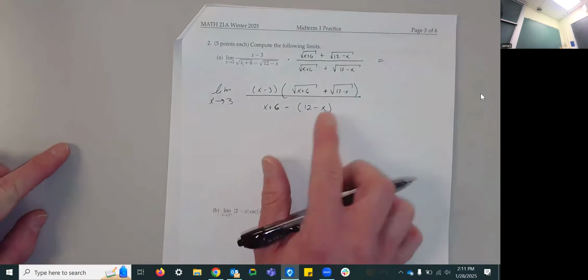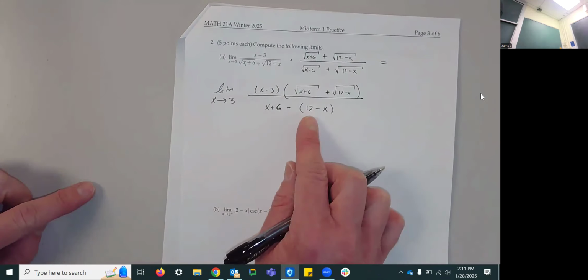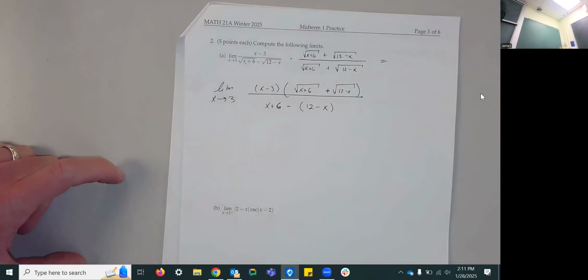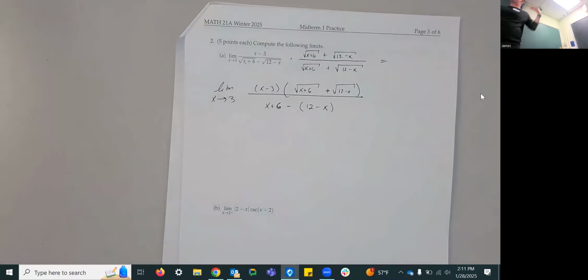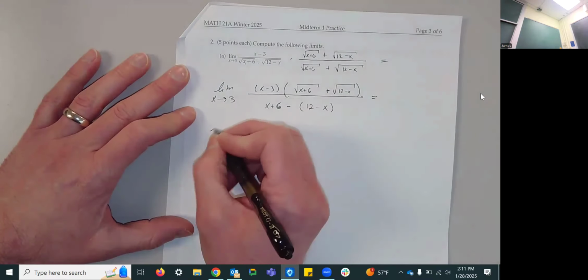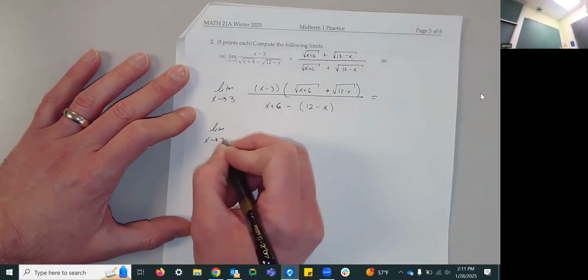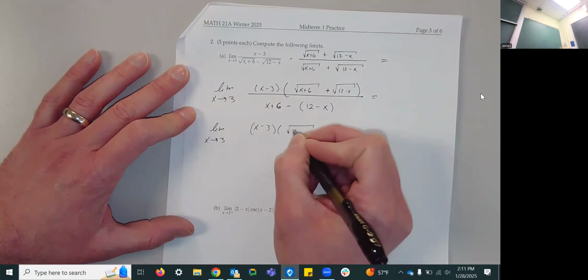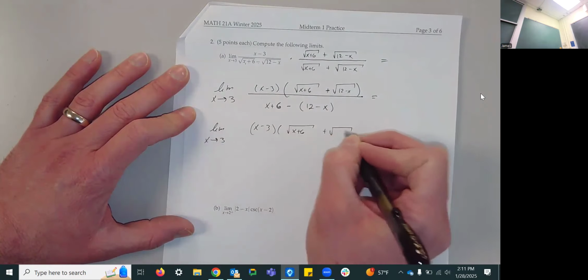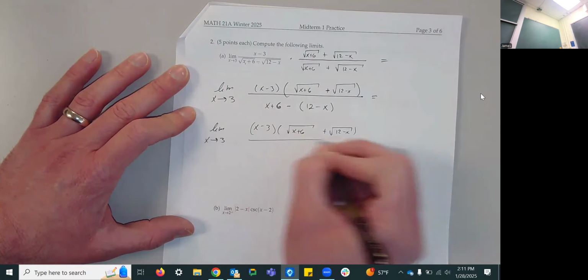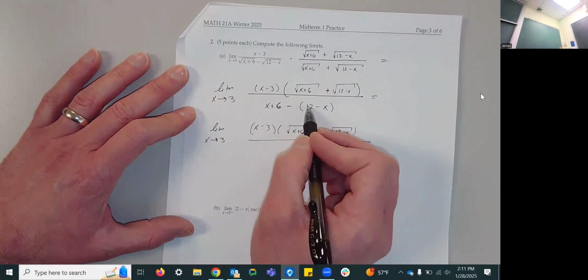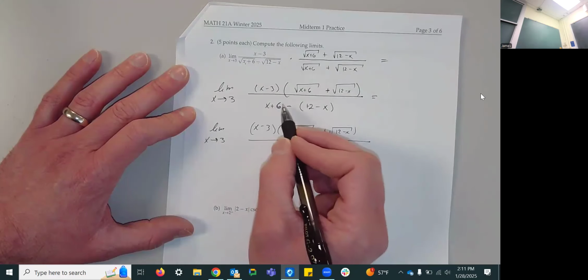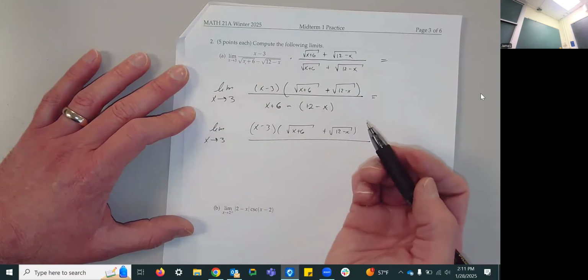If you forget to distribute this minus sign, your denominator won't be 0 anymore when you plug in 3. And we haven't canceled anything, so we shouldn't have gotten away from the fact that we still have a 0 over 0. So I'll say this again. If we simplify this, we have x minus 3 on top times the radicals, root x plus 6 plus root 12 minus x. On the bottom, 6 minus 12 is negative 6, and x minus negative x is positive 2x.